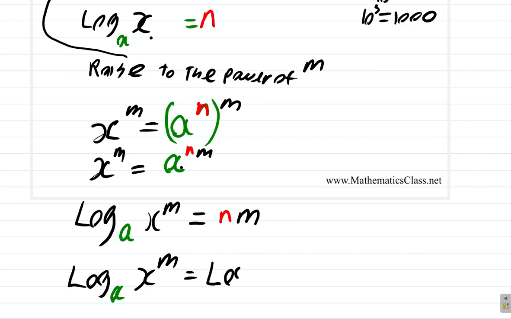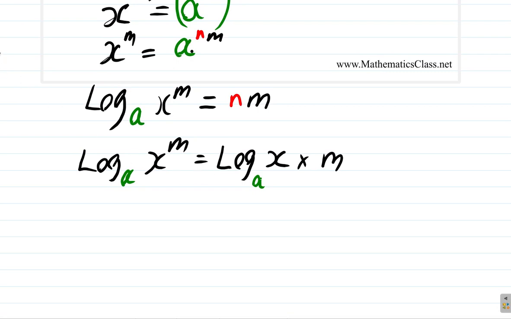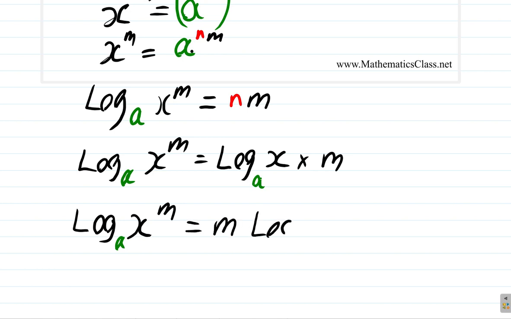It is log, and the base is a, of x, and then we put back the m down here, and we have times m. But then we could put the m in front and rewrite this and say log with the base a of x to the m is equal to m times log, where the base is a, of x.